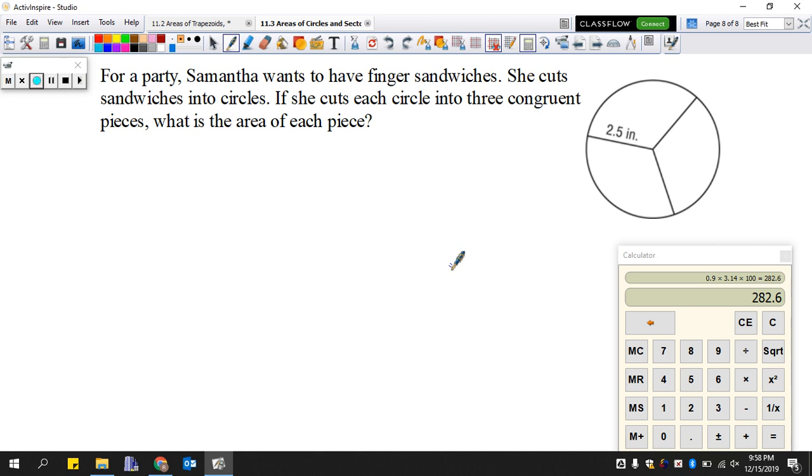So basically, the easiest thing to do here is we know that it's 3 congruent parts, and using the method that we're talking about, 360 divided by 3 is 120, okay? So 120 degrees.